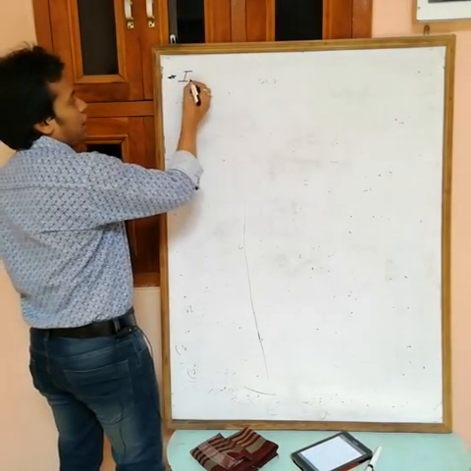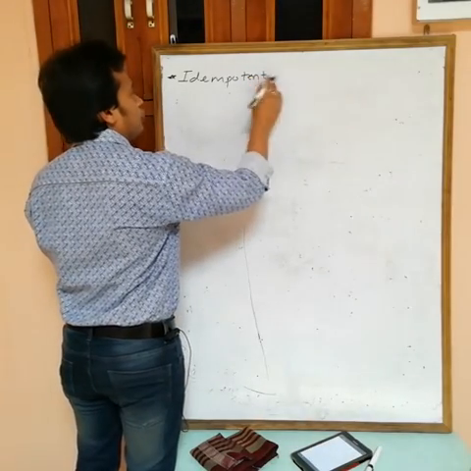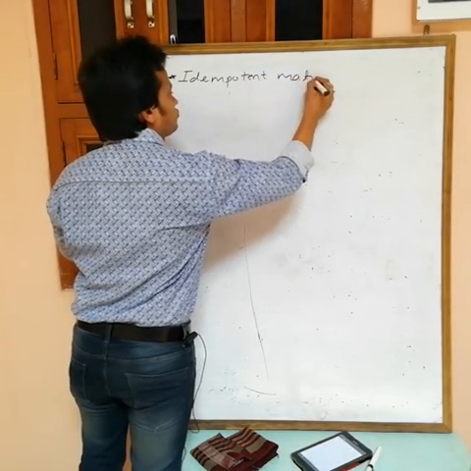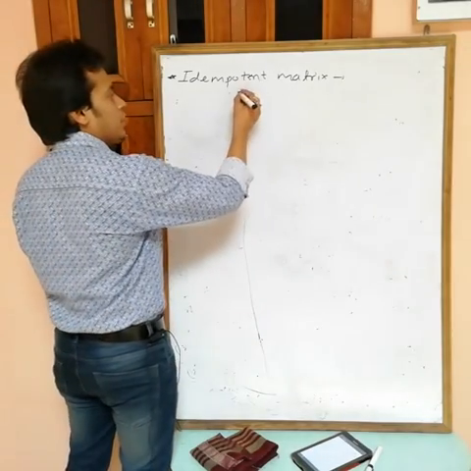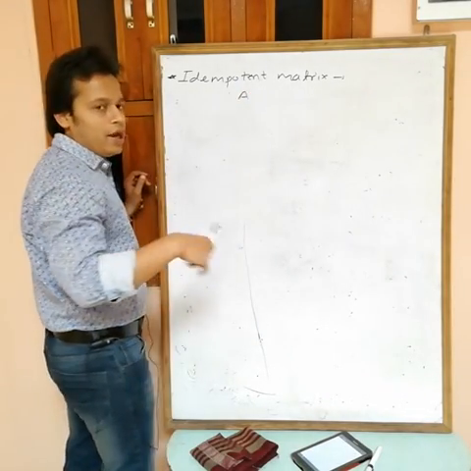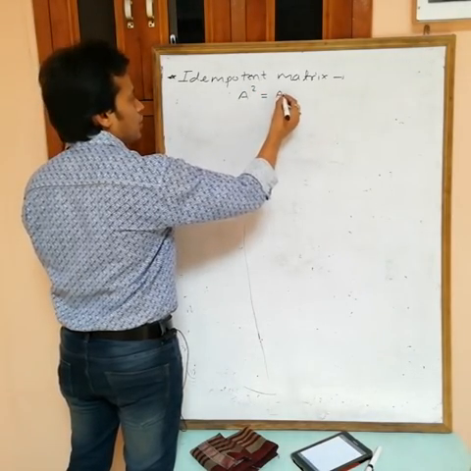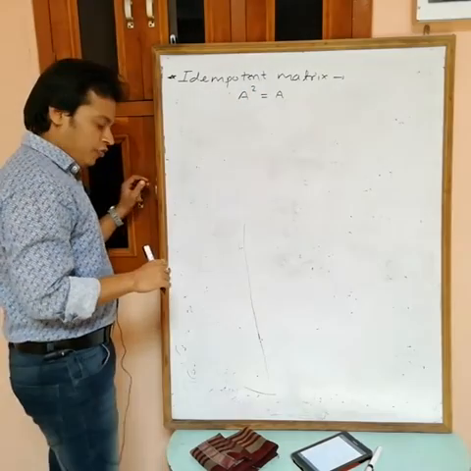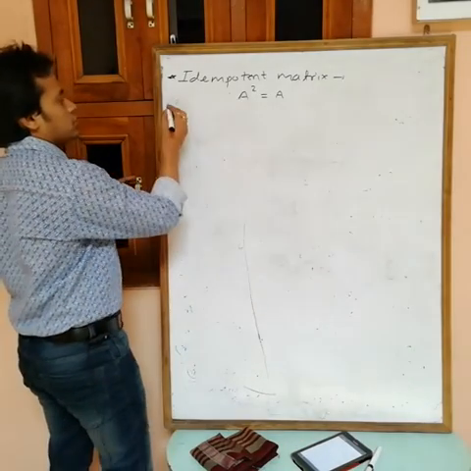See, idempotent matrix: any square matrix A is said to be an idempotent matrix if A square is equal to A. If A square is equal to A, then A is said to be an idempotent matrix.